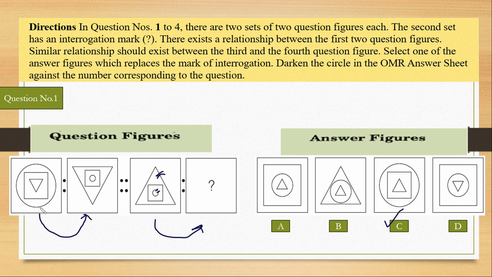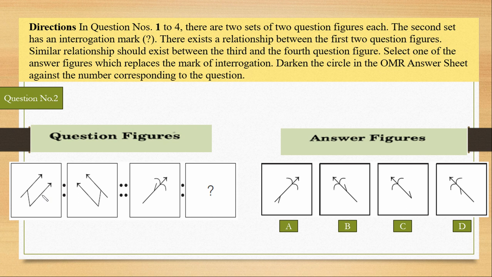The reason from the first set is that the inside figure and the outside figure are just swapping. Here we have to just swap the outside and inside figure and find the answer. As the inside figure is a circle, it came out and became bigger, and the outside triangle is bigger and it went inside and became smaller, right? So option C is the right answer here. Let us move on to the next question.